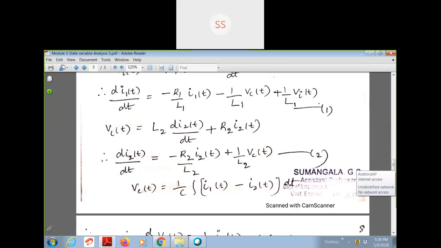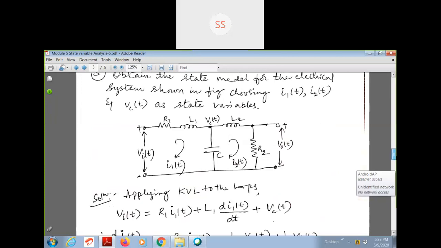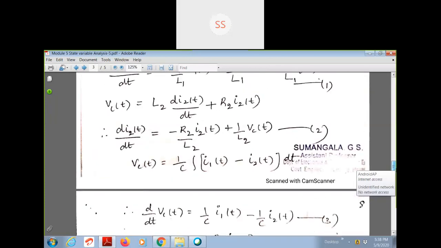Then there are three state variables in this problem. So Vc of t is also one of the state variables, and therefore we will have to write the Vc of t equation also. Now what is this Vc of t? It is 1 by c into the integral of the difference between the two loop currents, I1 of t minus I2 of t into dt.